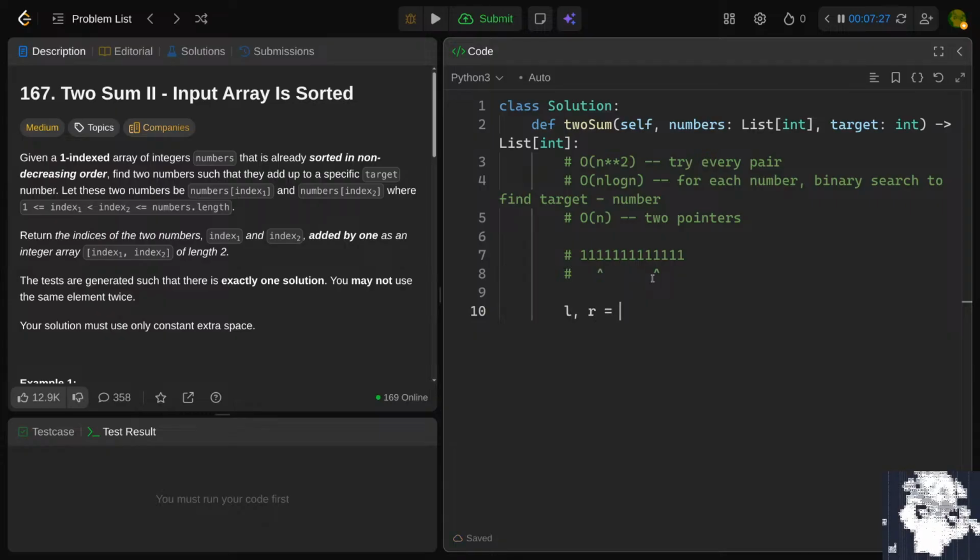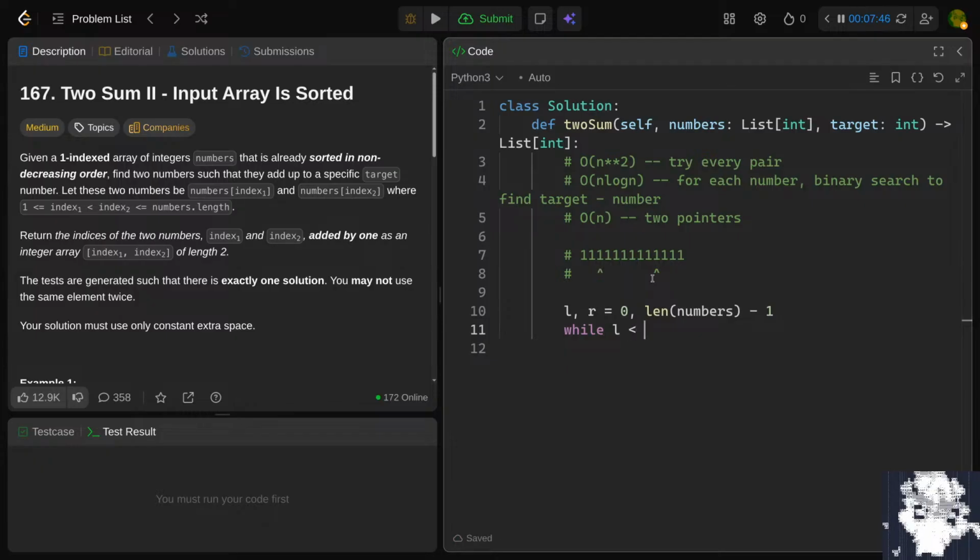Left and right is equal to 0 and len of numbers minus 1. While left is less than right. No, I don't. I can go all the way until the end of the list.